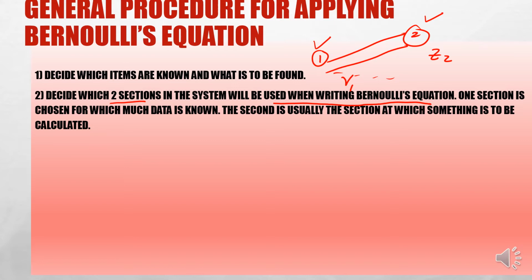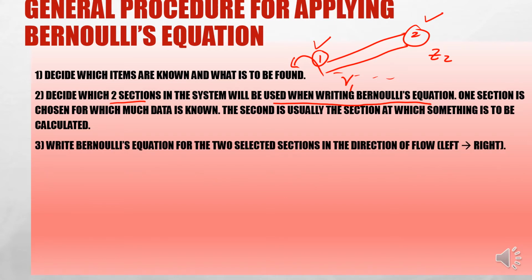Some information might not be given in the question, but at least some info should be available between the 2 points, so that you can use Bernoulli's equation to get the parameters requested in the first step.